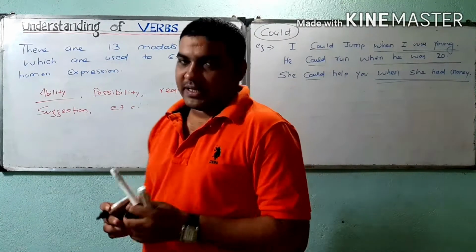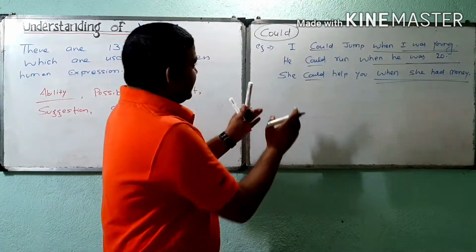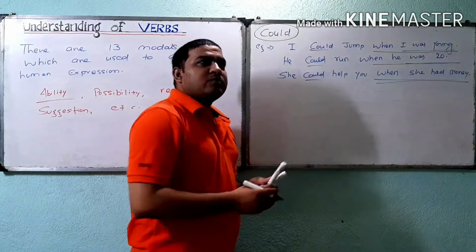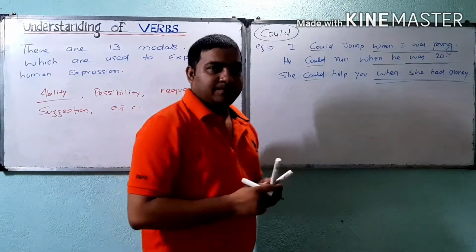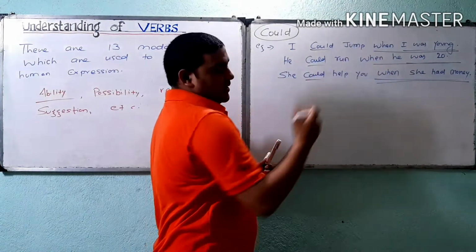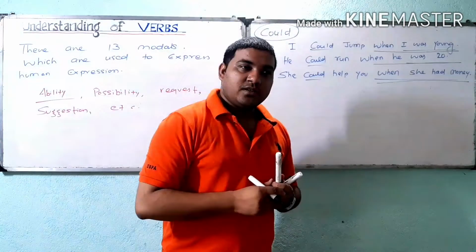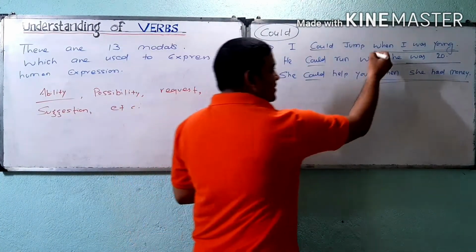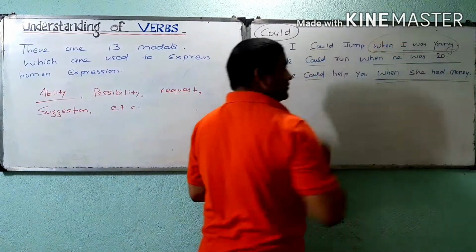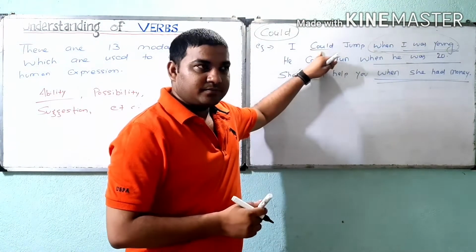So it's very clear to understand that could is past form of can, but when it takes help of any past sentence. So now there will be a next question, and you may ask me that, so if I don't use this past reference, could will show me past or not?